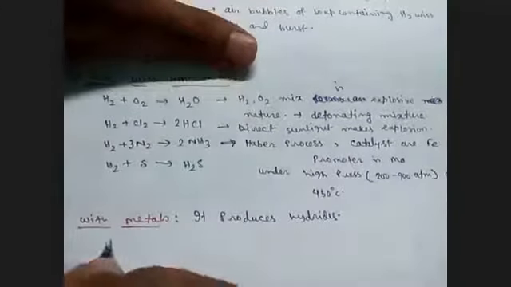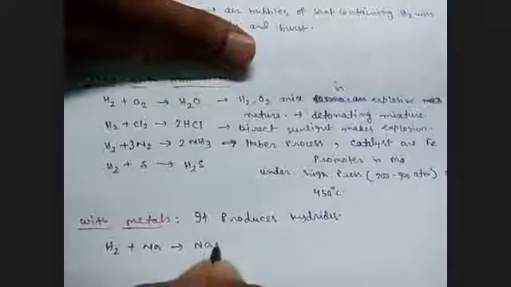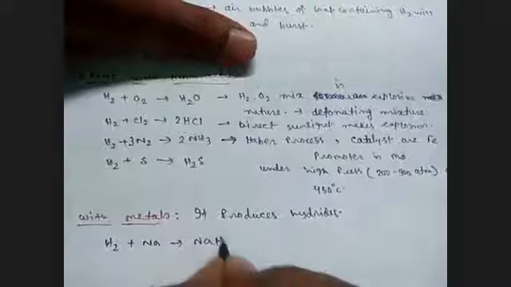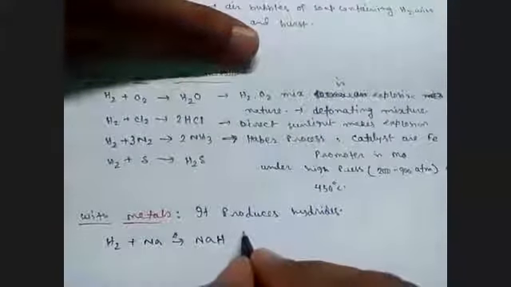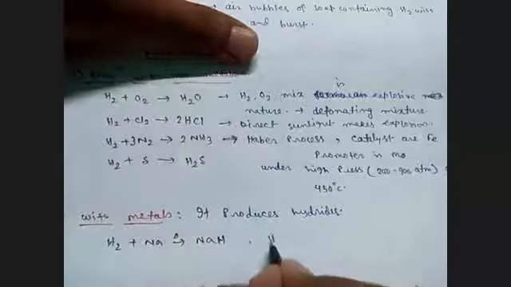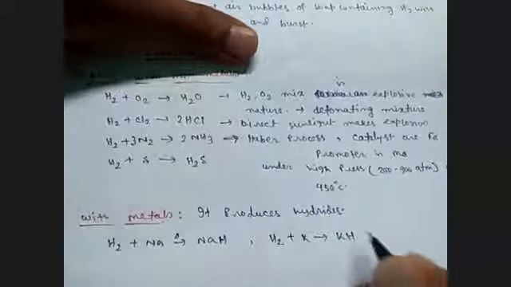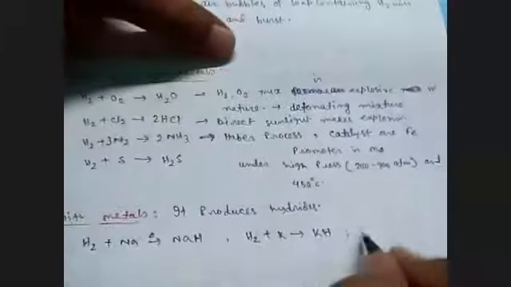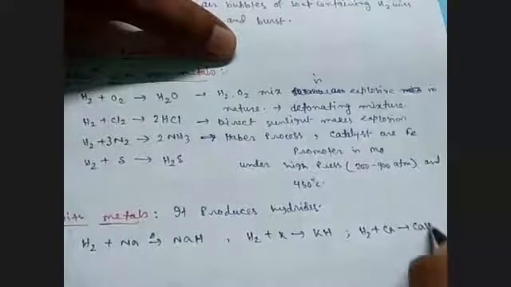Like if hydrogen reacts with sodium metal, it gives NaH, sodium hydride, in presence of some amount of heat. If hydrogen reacts with potassium, it produces KH. If hydrogen reacts with calcium, it produces CaH2.